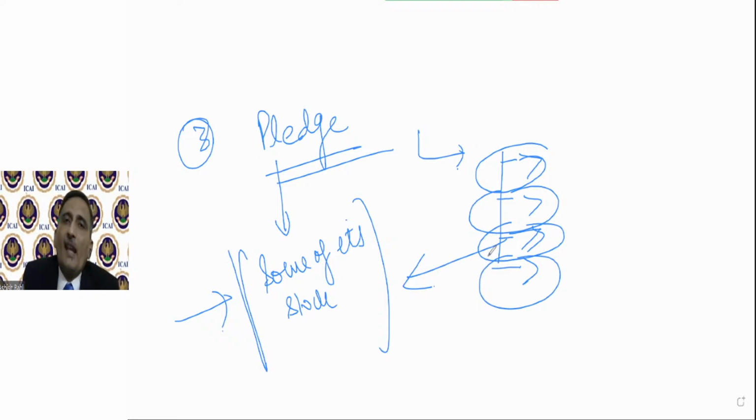But in case of hypothecation, there is no such restriction. So that is the difference between hypothecation and pledge.